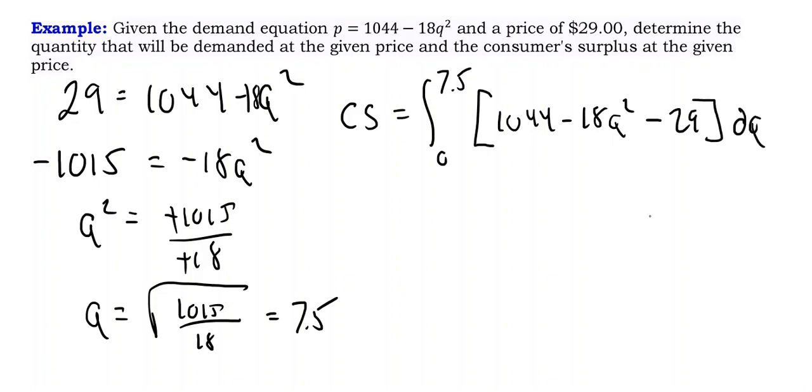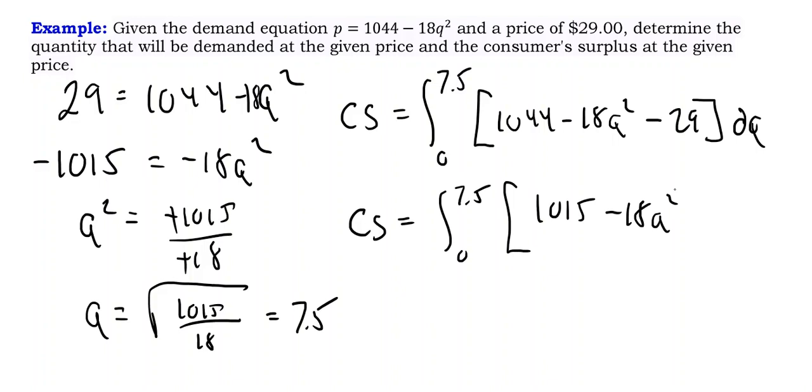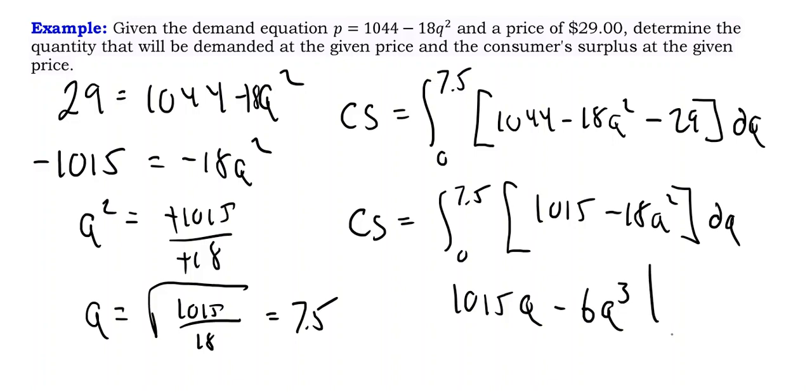Cleaning that up a little bit, we have the integral from 0 to 7.5 of 1015 minus 18Q squared dQ, which becomes 1015Q minus 18Q cubed divided by 3, which is minus 6Q cubed, evaluated from 0 to 7.5.